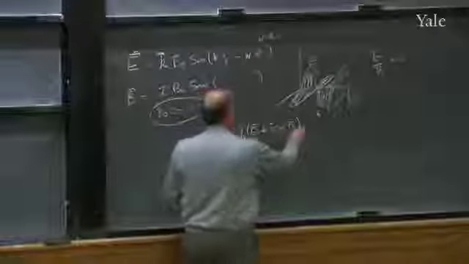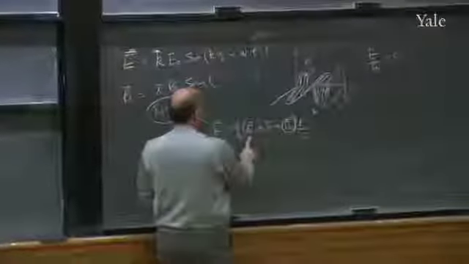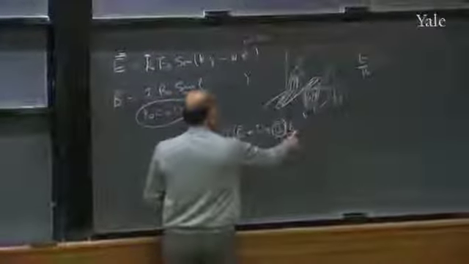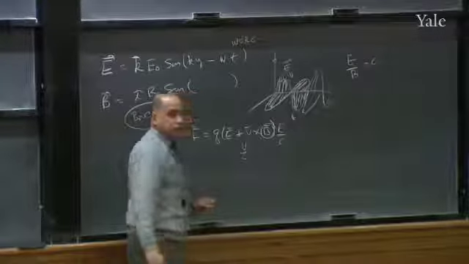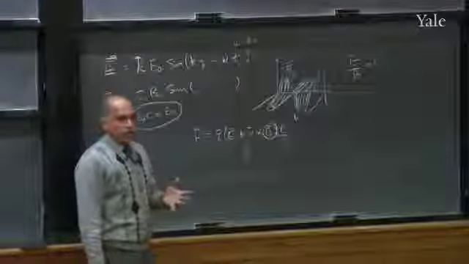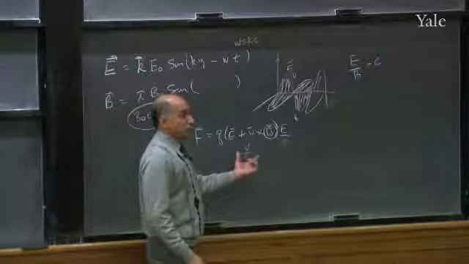But notice that the size of B is the size of E divided by c. So the electric force to magnetic force ratio, or magnetic to electric, will be in the ratio of v over c. So for most velocities, for electrons in circuits and so on, the velocity is much tinier than the velocity of light.